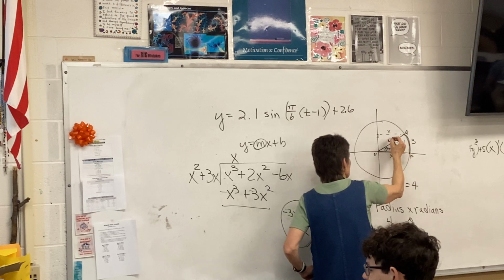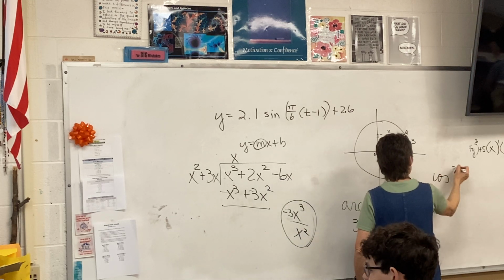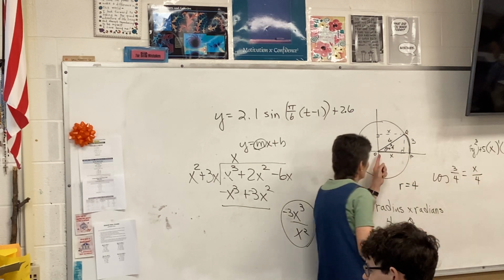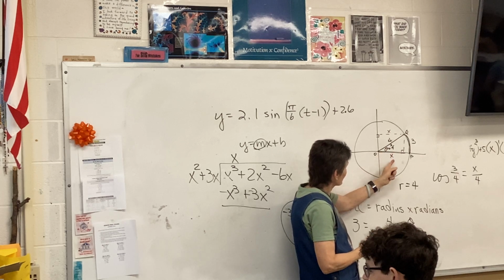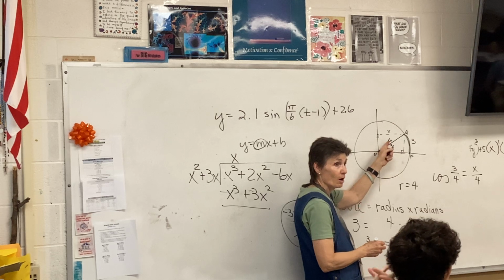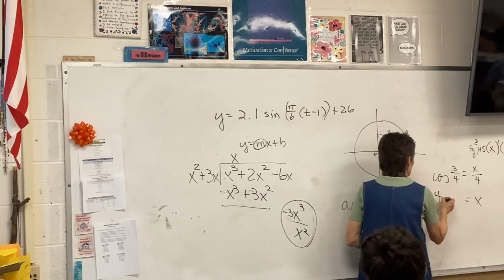I know my radius is 4. So can I say cosine 3/4 equals x over 4? Cosine of this angle, which is 3/4, equals adjacent over hypotenuse, or x over r. So x equals 4 cosine 3/4.